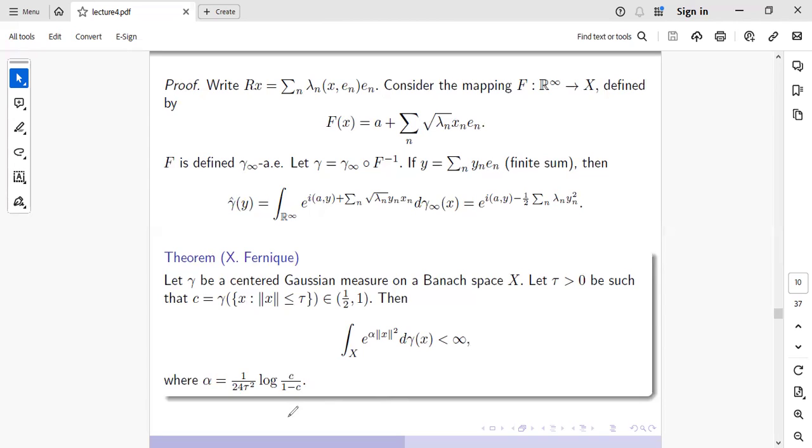And it turns out that one can take alpha as well, 1 over 24 tau squared, logarithm of c over 1 minus c. C is the measure of a ball. So c bigger than 1/2, hence alpha is bigger than 0.